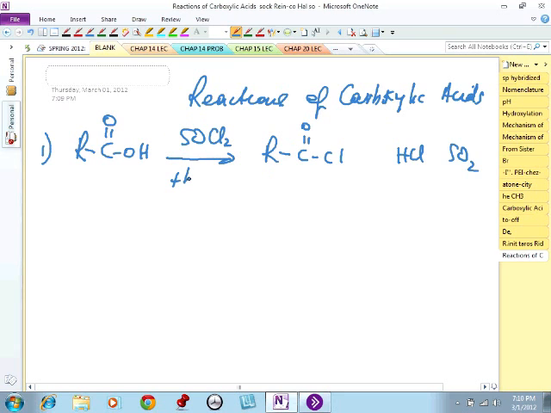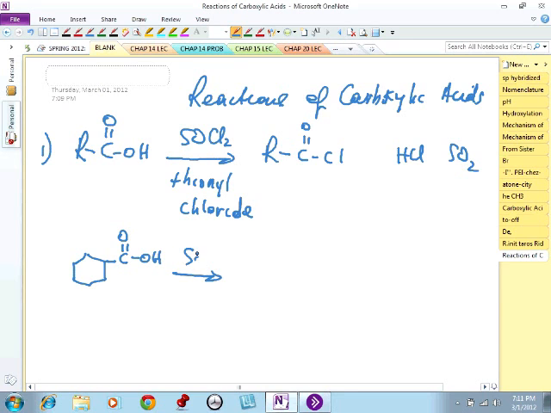This is thionyl chloride. For example, we take this here. That will give you this molecule here.